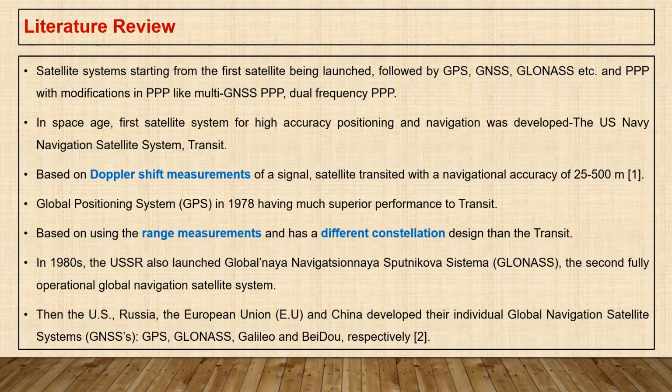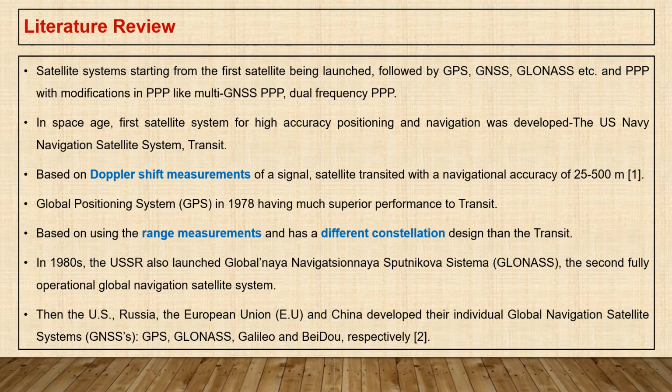All the satellites, starting from the first satellite being launched, were studied, followed by GPS, GNSS, GLONASS, the Triple P positioning system, etc. Also, based on Doppler shift measurements of a signal, the satellite transmitted with a navigational accuracy of 25 to 500 meters. So this was the initial range of the accuracy.